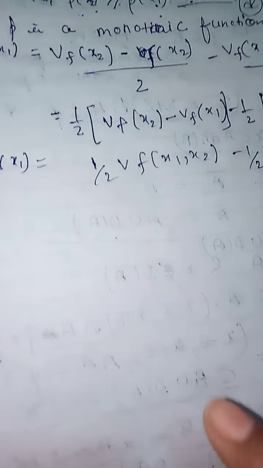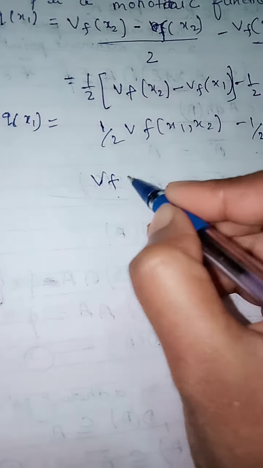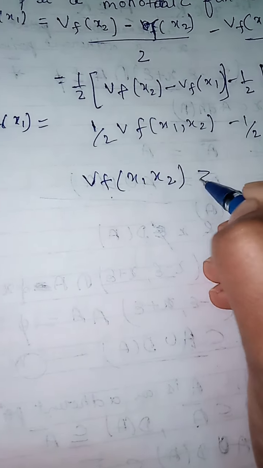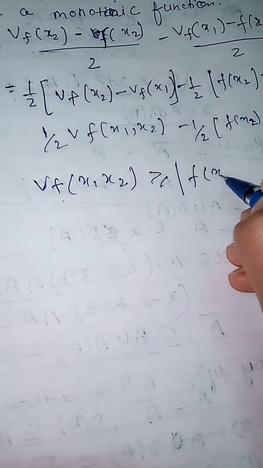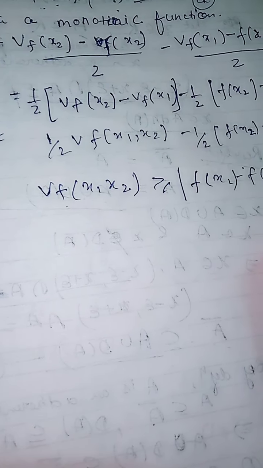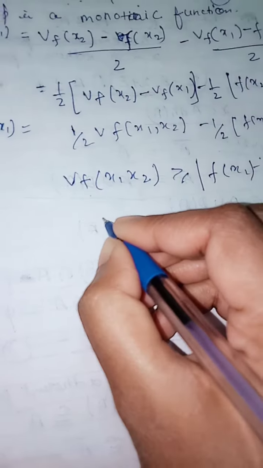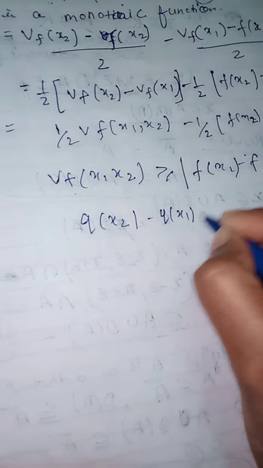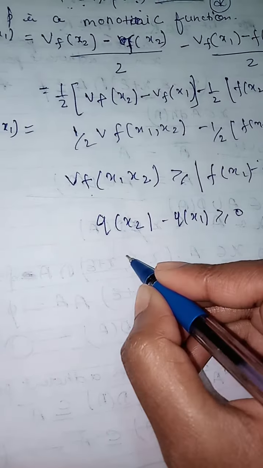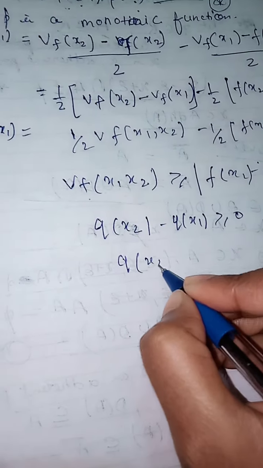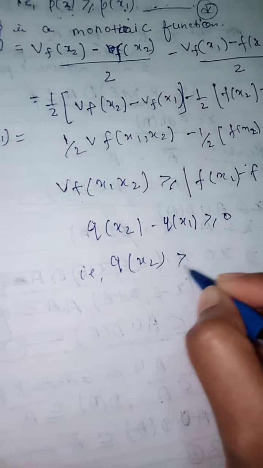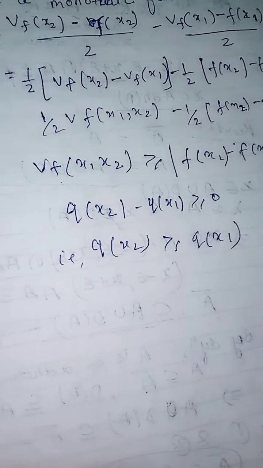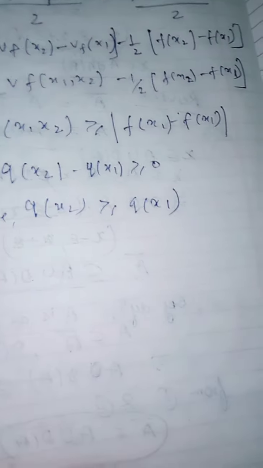So what we have got here is that the variation from x1 to x2 is greater than or equal to the mod of f x2 minus f x1. It means that q of x2 minus q of x1 is greater than or equal to 0, that is, q of x2 is greater than or equal to q of x1. Okay, we have got the second equation as well.